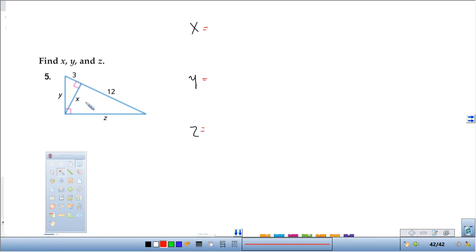So let's go to the X. Remember, X is the middle one, and it goes this way and that way. What happens in this situation? You better believe it, Eileen, you got it. It's equal to the square root of 3 and 12.